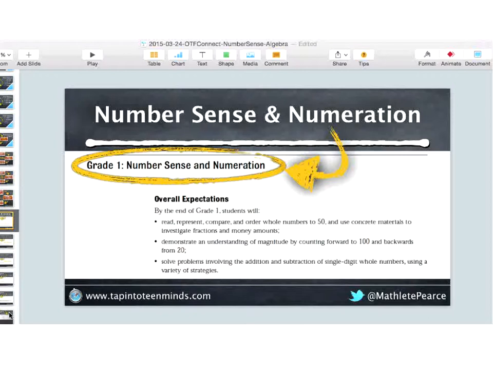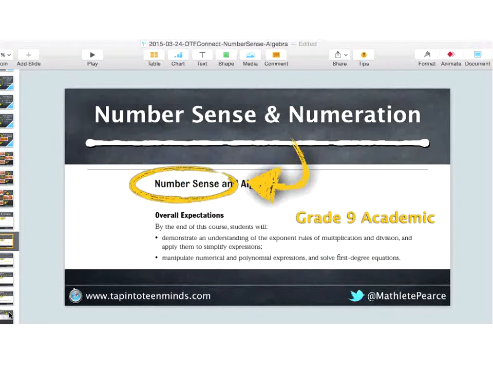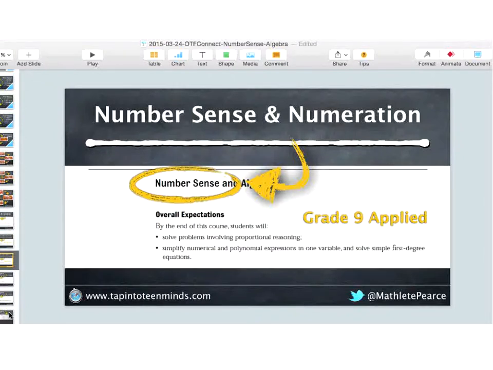We also see it in the grade 9 academic course, and in the grade 9 applied course. I look at K to 9 as the most important math that students could still use to apply to their everyday life. And then after grade 9, that number sense strand sort of disappears.